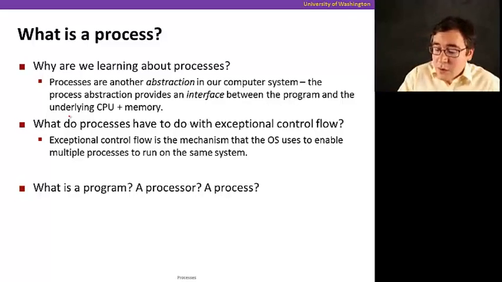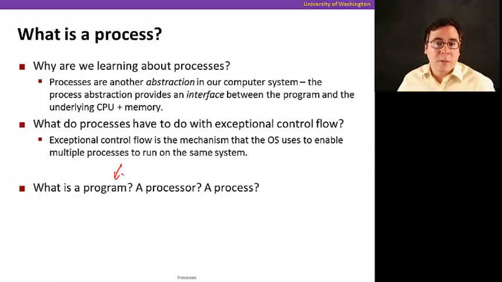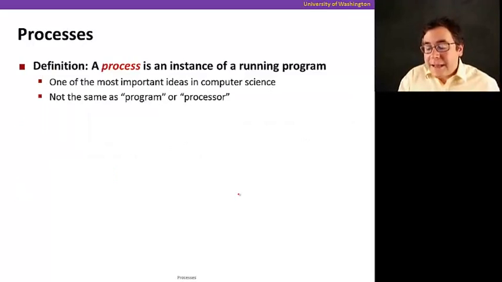So what is a program? A program is just a collection of instructions and data that form your code, that form your software. A processor, obviously, is the piece of hardware that runs the instructions in a program. A process is an instance of a running program.